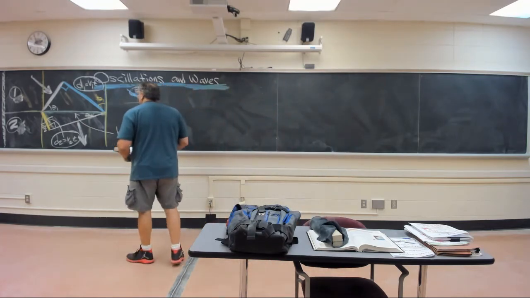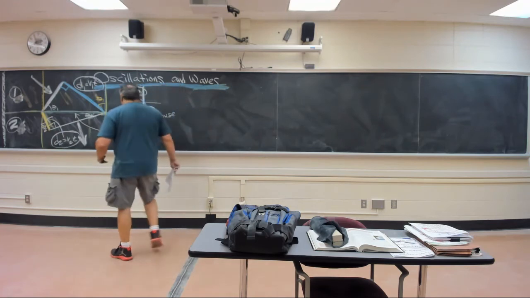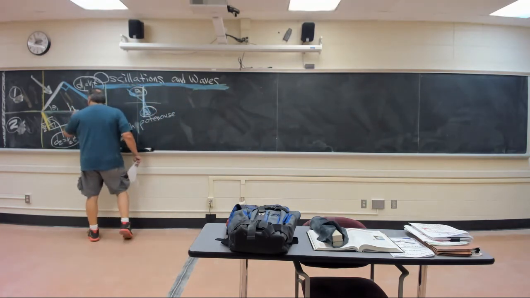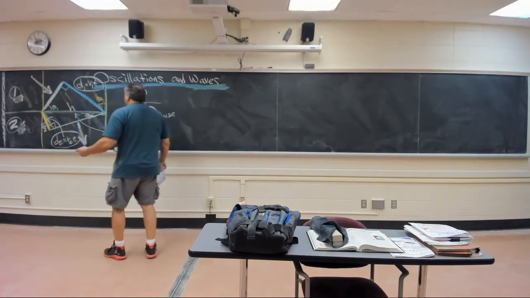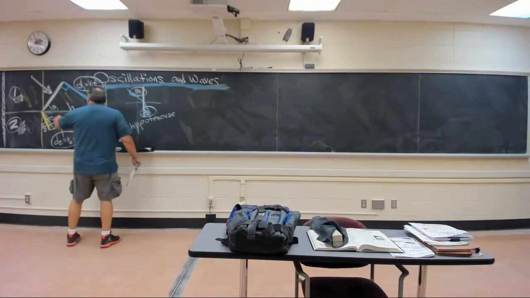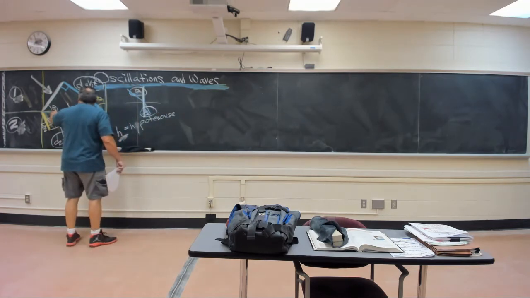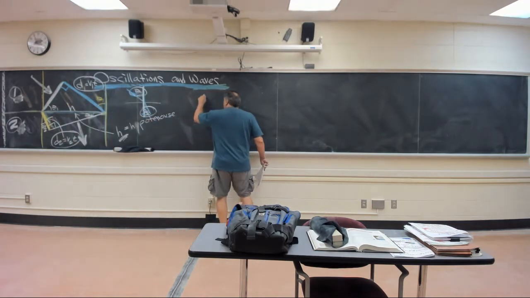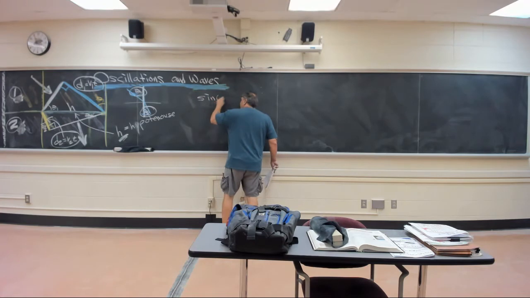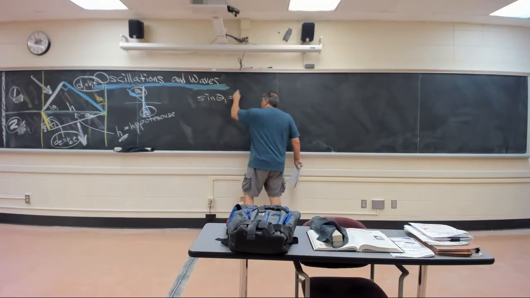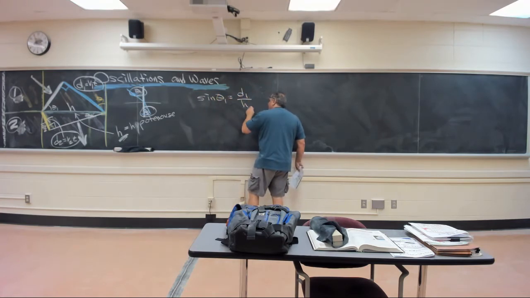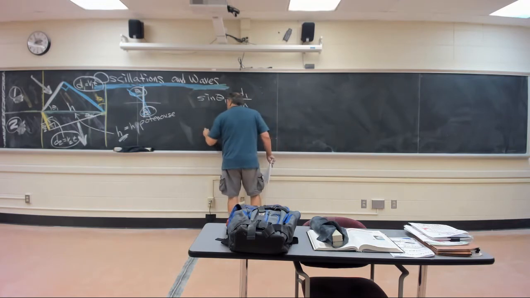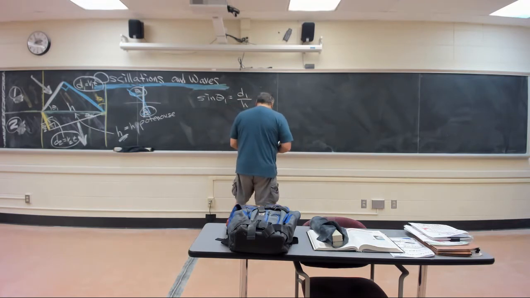Okay, what does that mean? Well, I guess the hypotenuse is h. It's the same for both. Let's do some trigonometry. The sine of theta 1 is d1 over h. The sine of theta 2 is d2 over h.